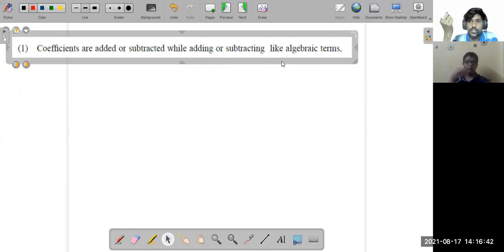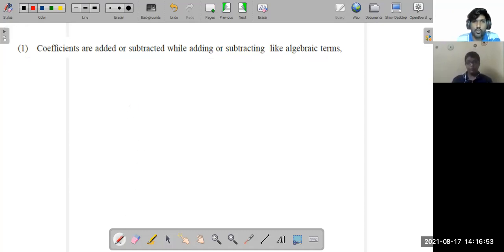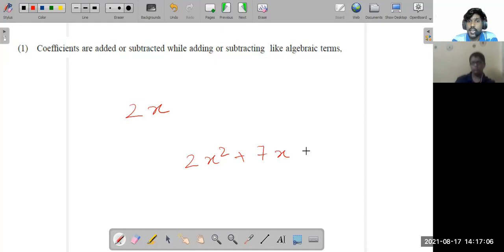Firstly, what are coefficients? Numbers which accompany a variable term are called coefficients. What is the coefficient of this variable x? 2. If I write like this, what is the coefficient of variable x? Coefficient of x is 7 and coefficient of x square is 2.